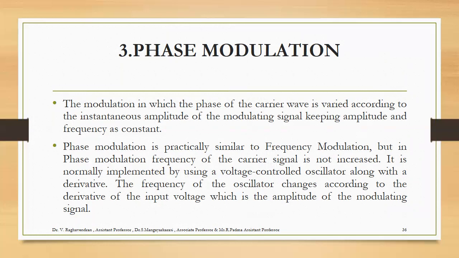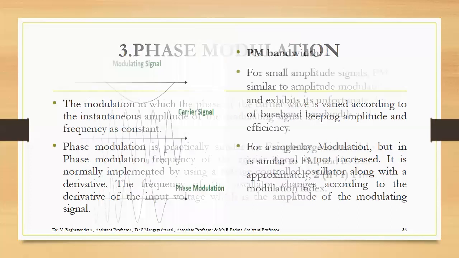So phase modulation is practically similar to frequency modulation, but in phase modulation the frequency of the carrier signal is not increased. It is normally implemented by using a voltage controlled oscillator along with a derivative. So the frequency available in the oscillator changes according to the derivative of the input voltage, which is the amplitude of the modulating signal.